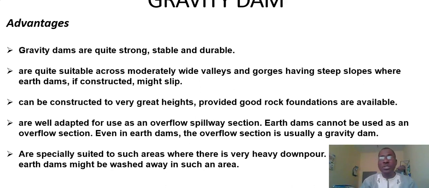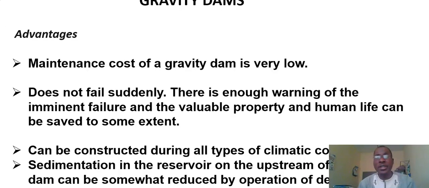An earth dam cannot be used as an overflow dam. Even in earth dams, the overflow section is usually a gravity dam, so they are suited to areas where the dam is very high or the slope of an earth dam might be washed away.